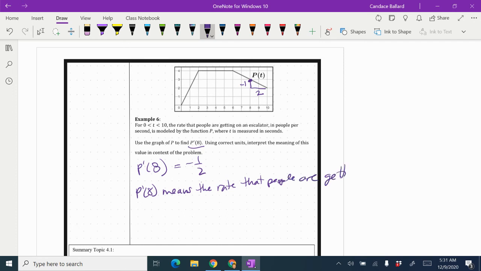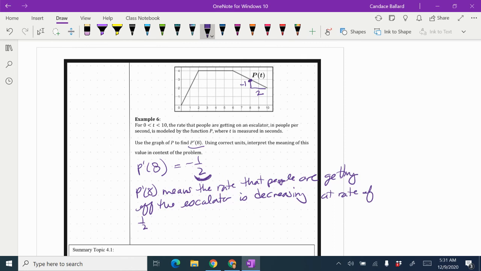That's our noun. Getting off the escalator is, and because it's negative, we say decreasing, decreasing at a rate of, and then we don't use the negative, we just use the number because the negative got taken care of with the word decreasing, of 1/2.